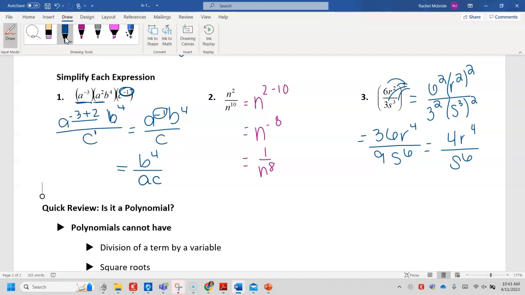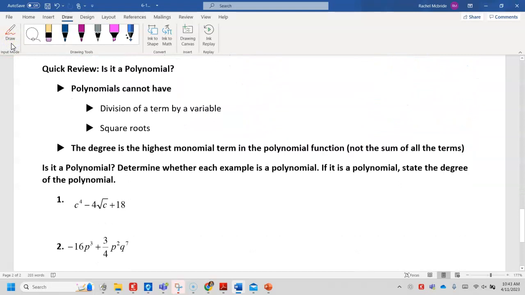The last thing we're going to talk about is, what is a polynomial? A polynomial is anything that has a whole number exponent and contains no division by a variable. So is it a polynomial if you're dividing by x? No. Is it a polynomial if it is raised or inside a radical?